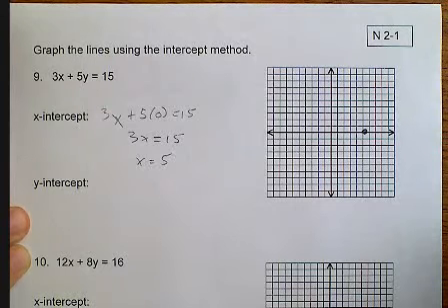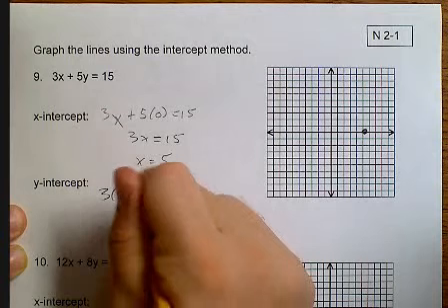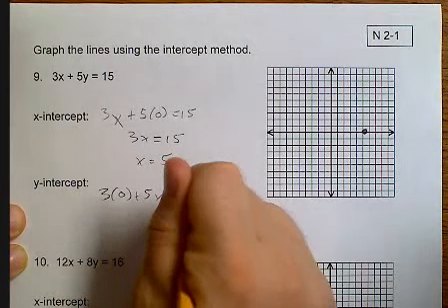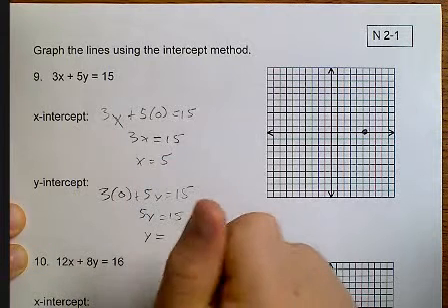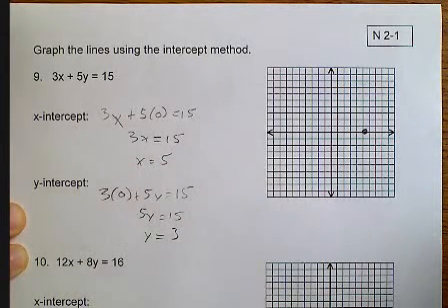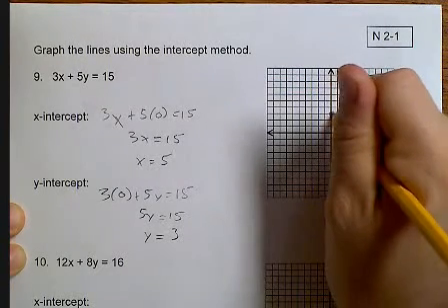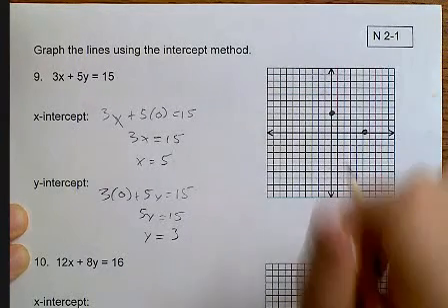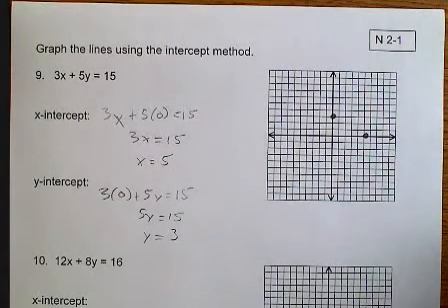Now, for y, you do the same thing. 3 times 0 plus 5y equals 15, which means that 5y equals 15, and y equals 3. 1, 2, 3. Now, given this method, you're only given 2 points. We're not really worried about the slope.